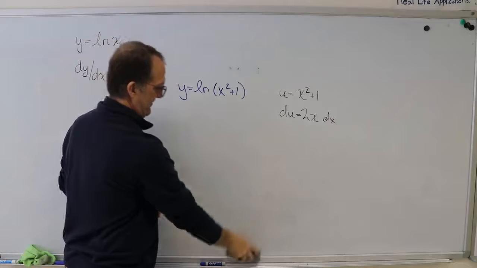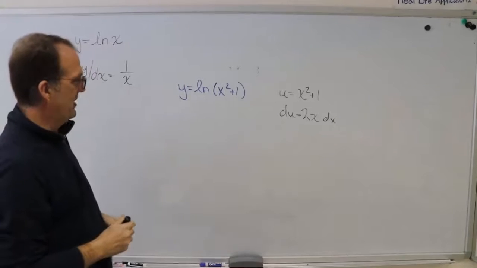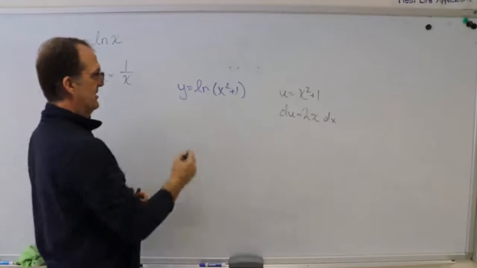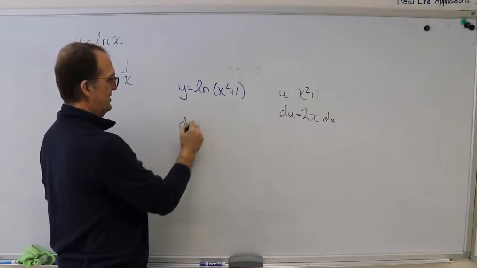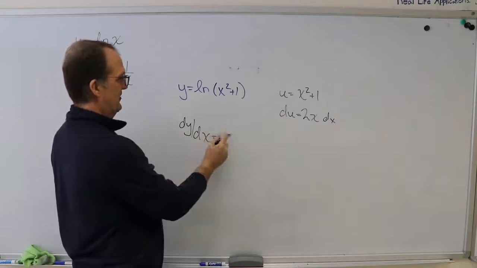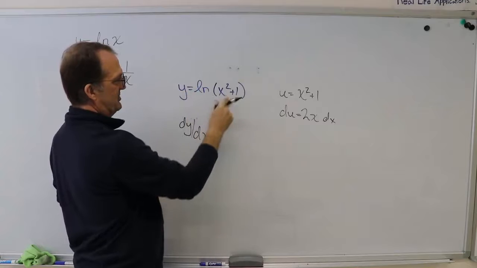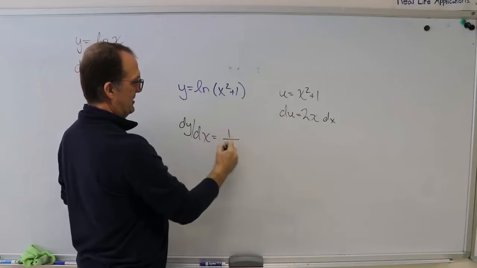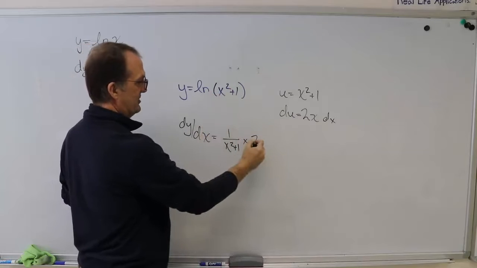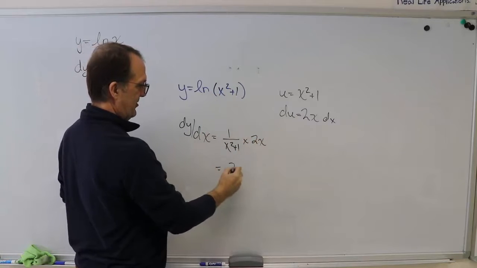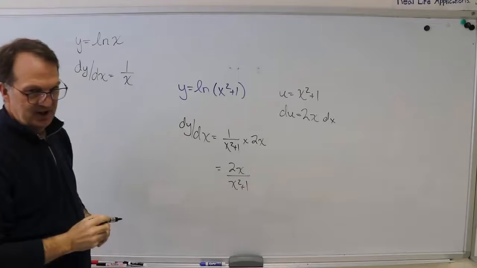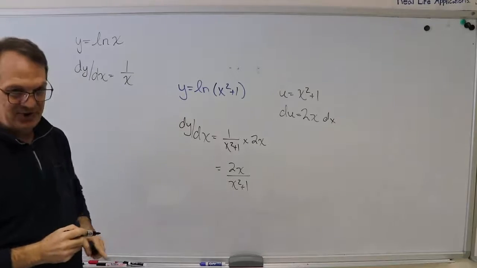Yes, if we were practicing derivatives over and over, and I gave you 20 of these to do, then yes, I can look at this and I do the chain rule in my head because I know what the chain rule says. Take the derivative of the big function. Well, the big function is natural log, so I know that, times the derivative of the interior function, I know that, and so I know it's that. And this is probably what the mark scheme would show.